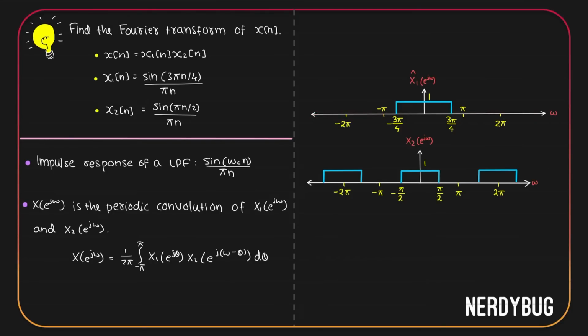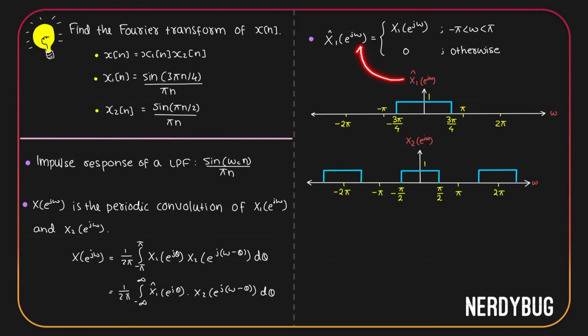So instead of taking the integral from minus pi to pi, we can take it from minus infinity to infinity. It won't make a difference. So this is equal to 1 by 2 pi integral from minus infinity to infinity of 1 period of X1 of e raised to j theta multiplied by X2 of e raised to j omega minus theta d theta.